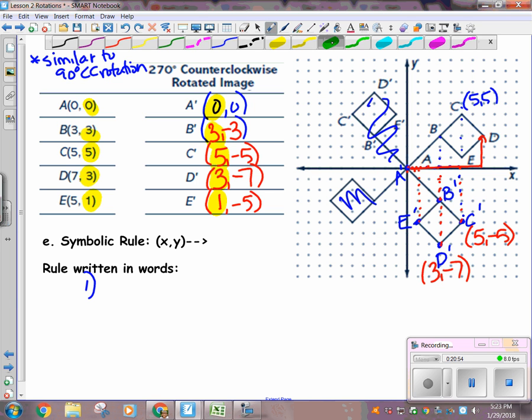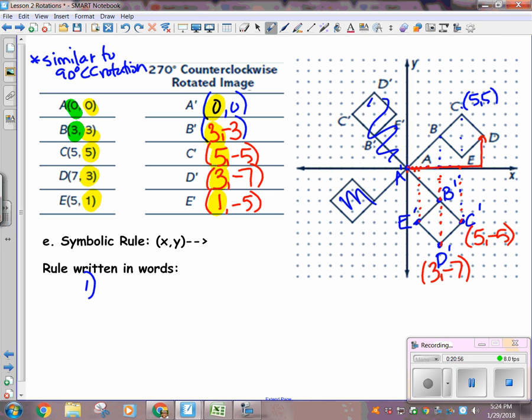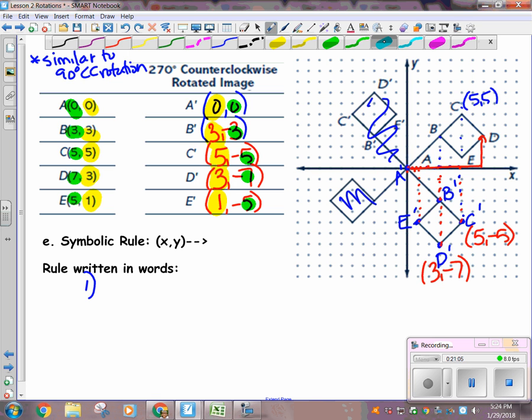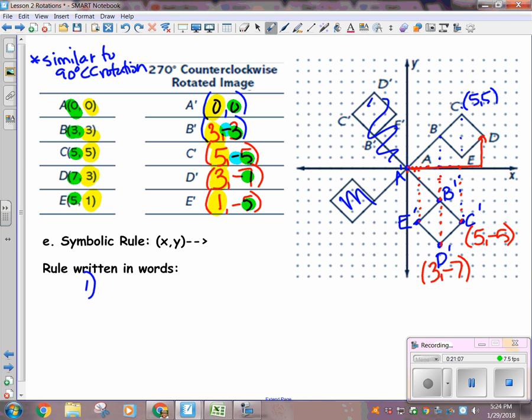What about my 0, 3, 5, 7, 5? But it did go negative 3, negative 5, negative 7, negative 5. So do you see that the X's and Y's switch places?